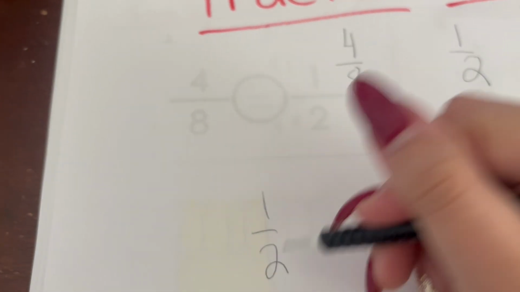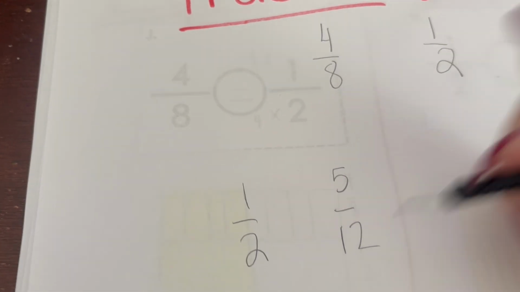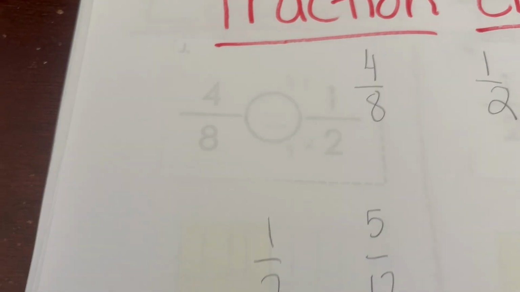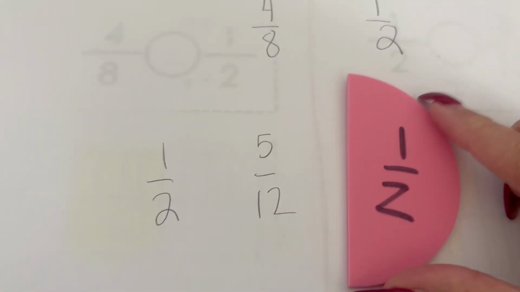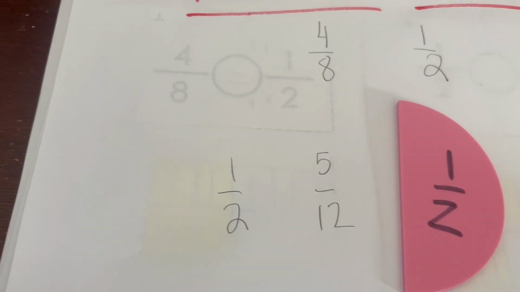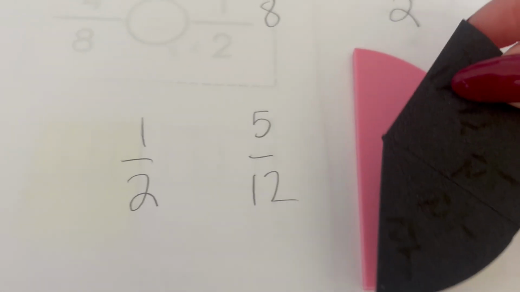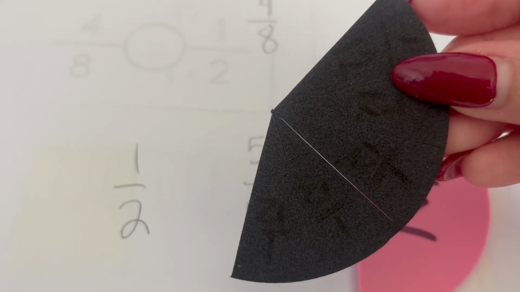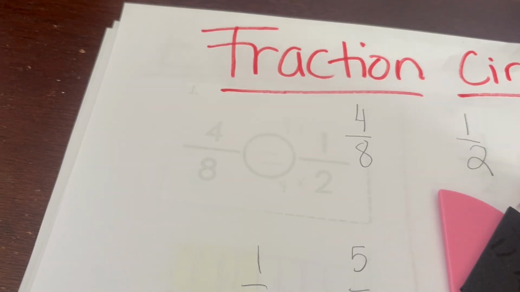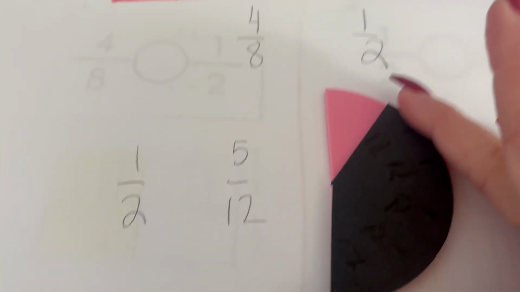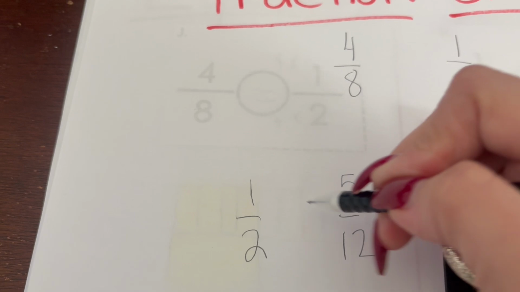My 1/2 circle is here, and here is 5/12. It's in black, but there are 5 pieces there. And this shows that 1/2 is greater. So our symbol should be like that.